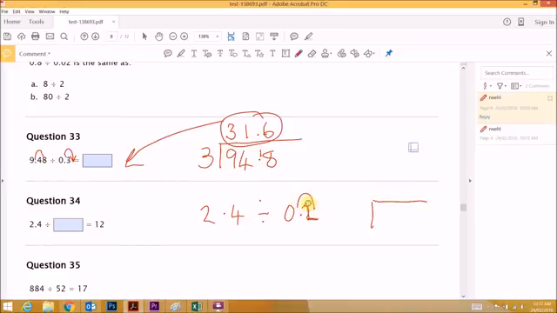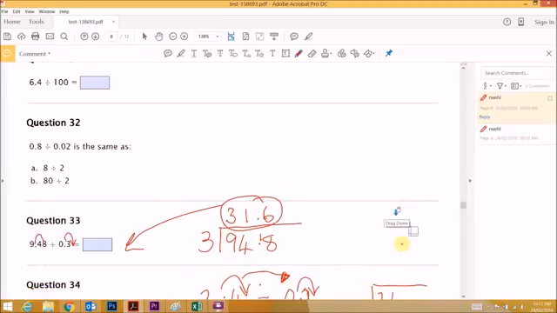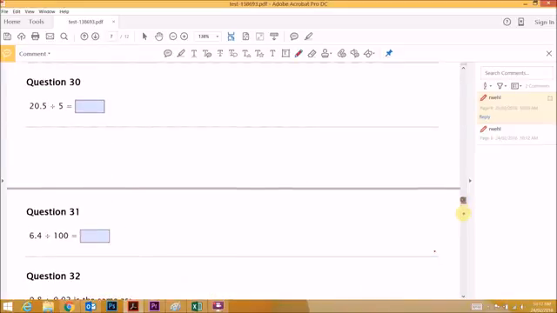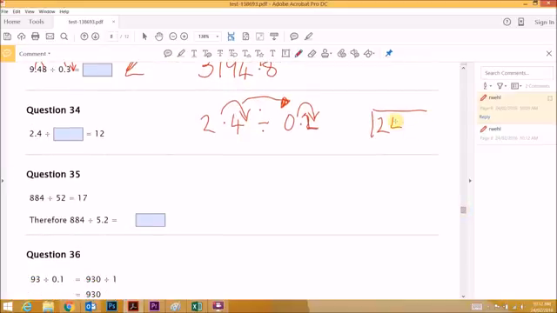Let's make 0.2 a whole number, and let's make my dividend 24, because I need to do exactly what I did to my divisor to my dividend. So 24 divided by 2 is obviously 12. So my answer would be 0.2.